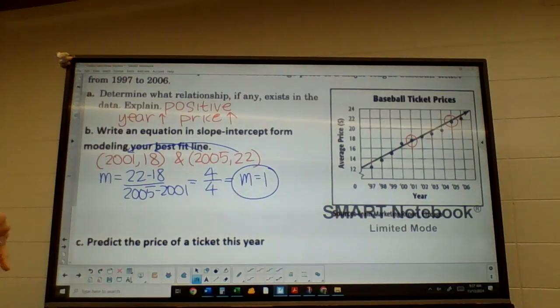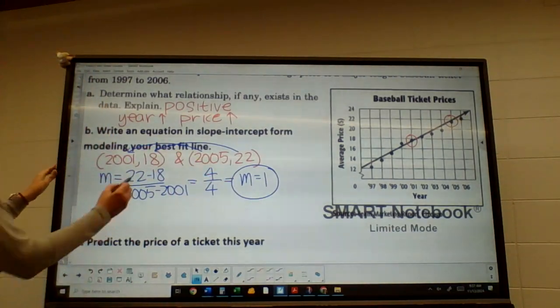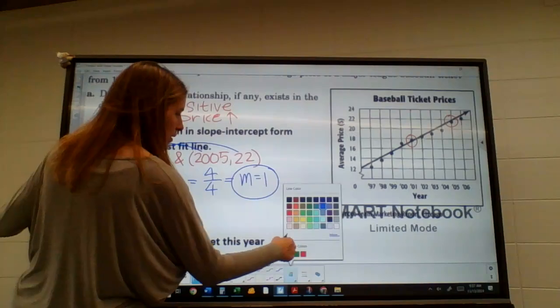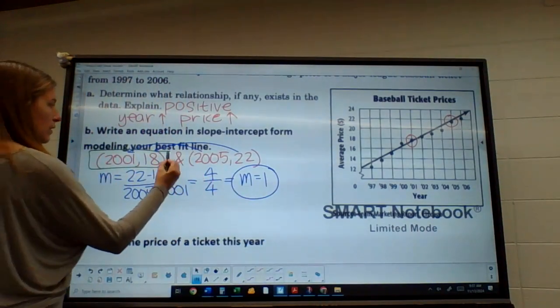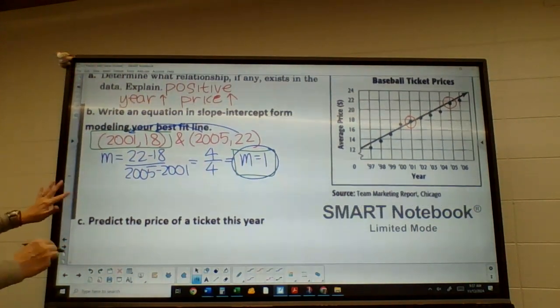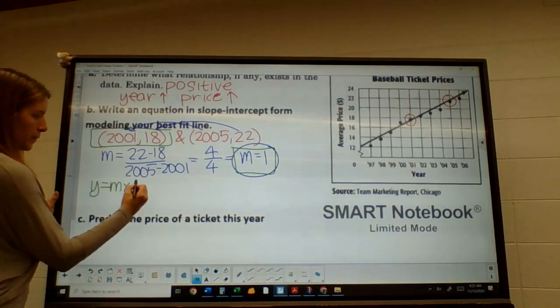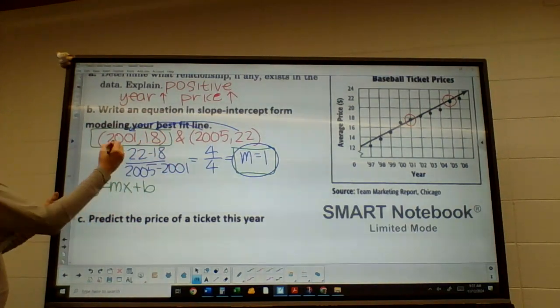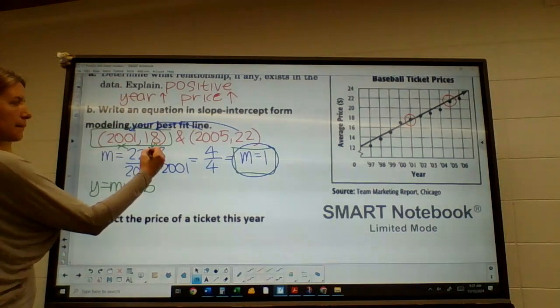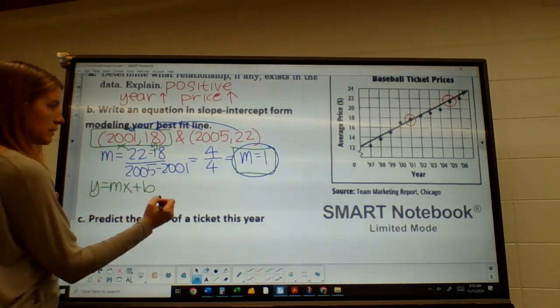Then we have to find our b value. So we're going to use our slope and one of our points, and we're going to put that in slope-intercept form. So we put those in x, y, and m. Running out of space here.